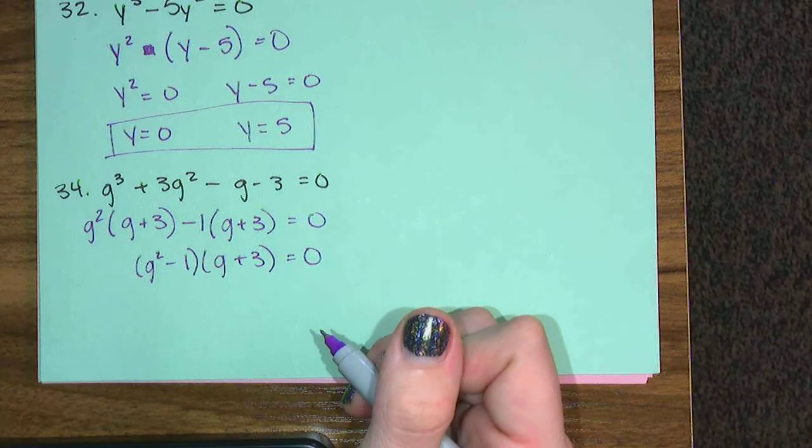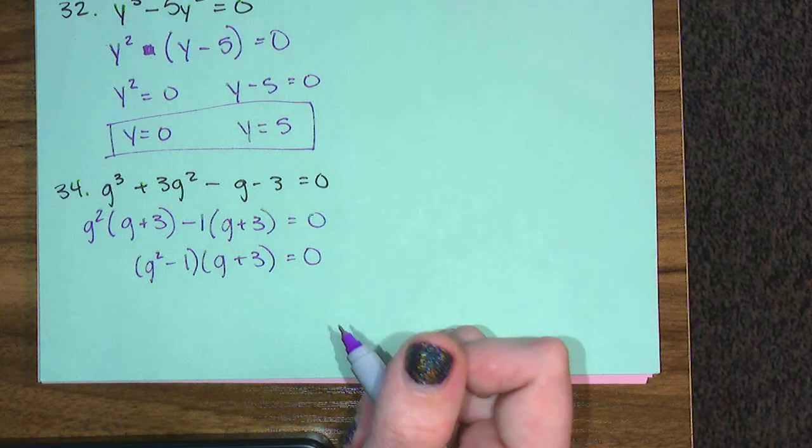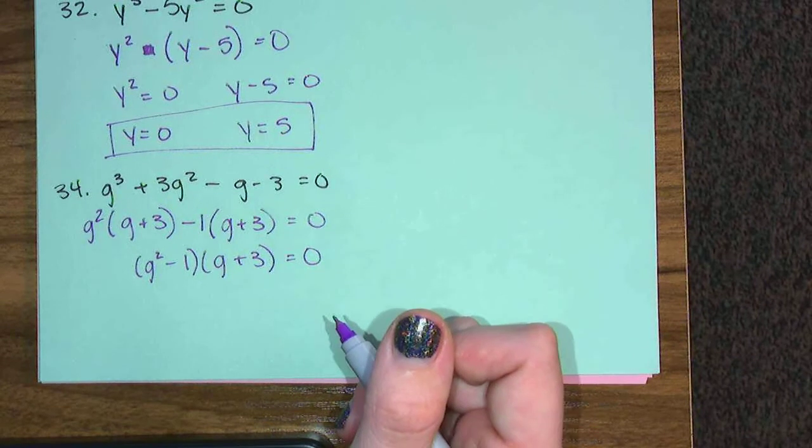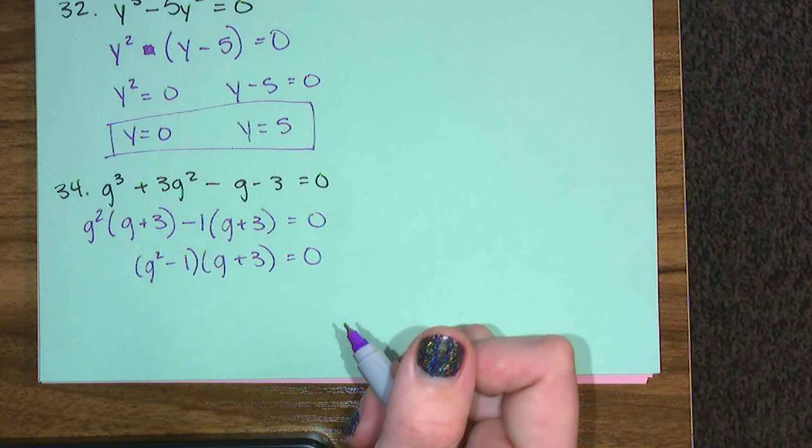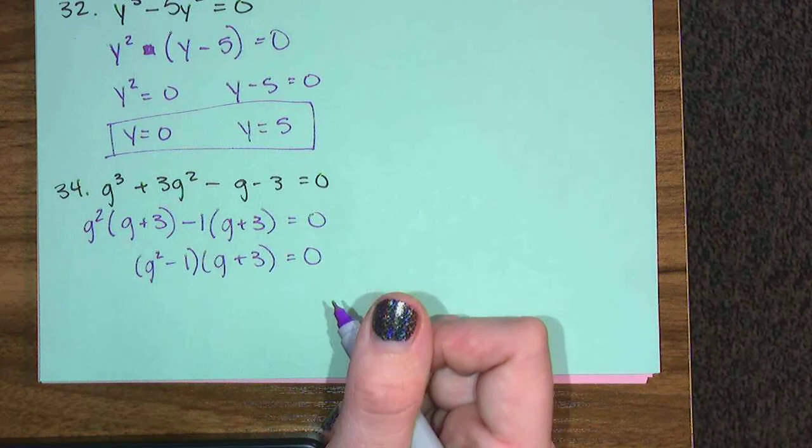Yes, so you have two options here. Is this factored completely? Okay, so you can go ahead and set each piece equal to 0, or you could finish factoring it so it's factored completely.